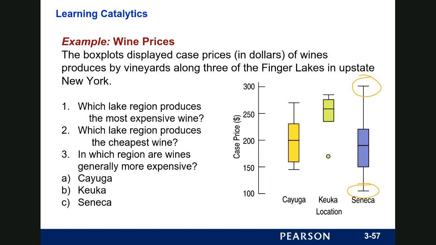Now the third question. Putting up your answer choices here: Cayuga, Keuka, and Seneca. The question is, in which region are wines generally more expensive? Generally more expensive.